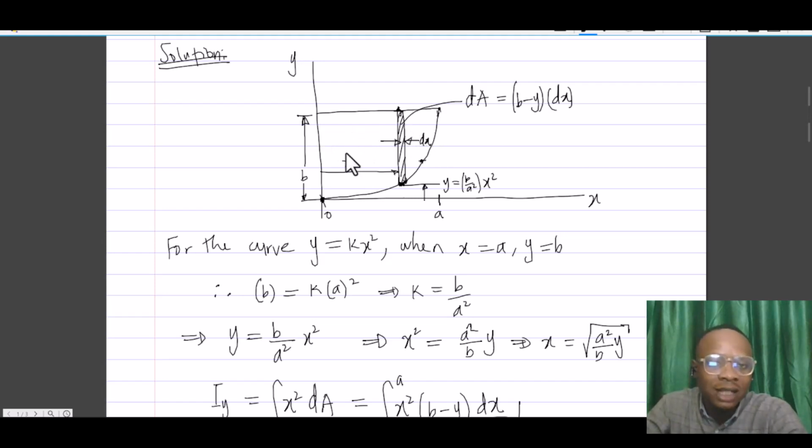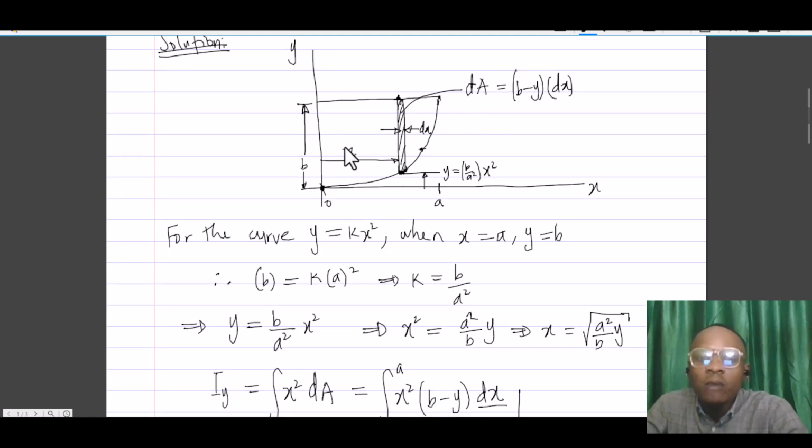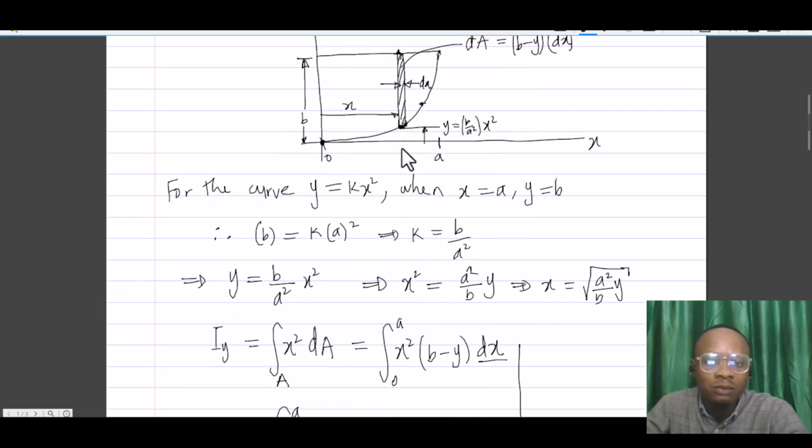If we integrate over the entire area, we know it still gives us the same result. So instead of getting the A, why not get the Ix, that is, the moment of inertia of this elemental strip about the x-axis, and then sweep over the entire area and see how that works out?